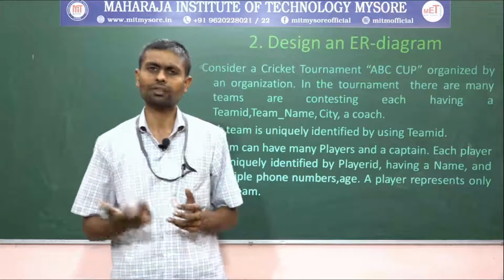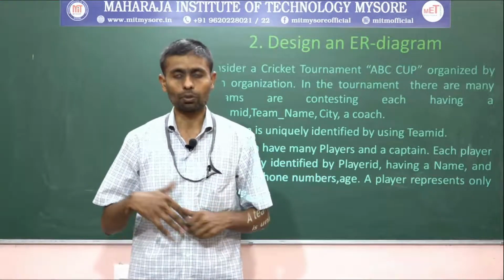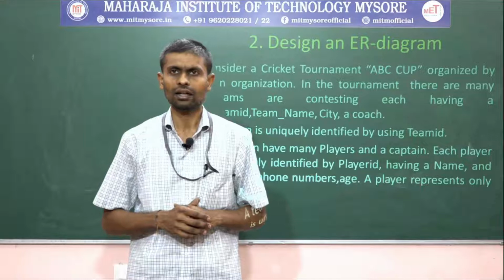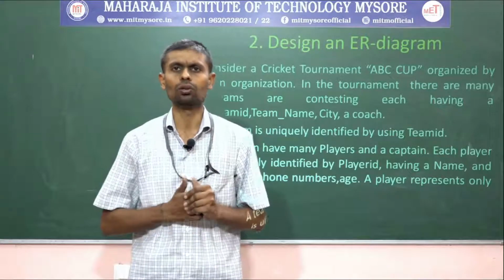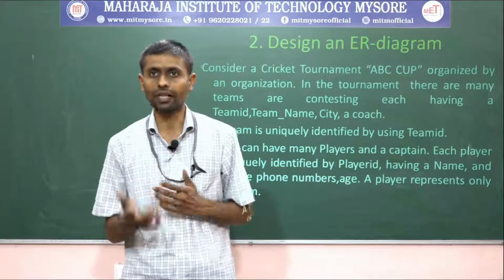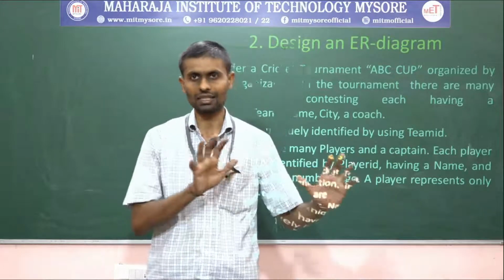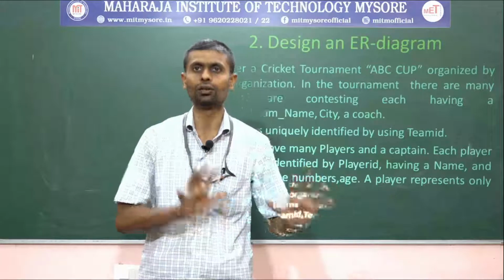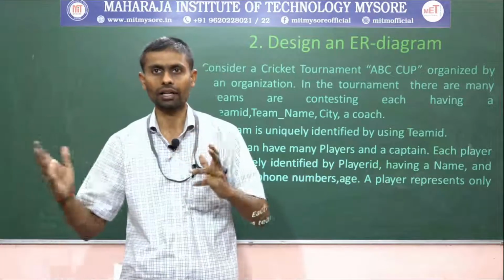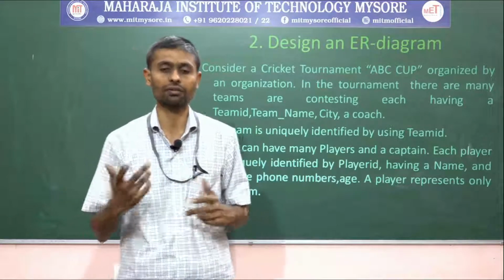Then they want to record the project details, and we saw how to use cardinality ratio, especially in mapping the English-like statements of the scenario into the ER model, into a pictorial representation, right.